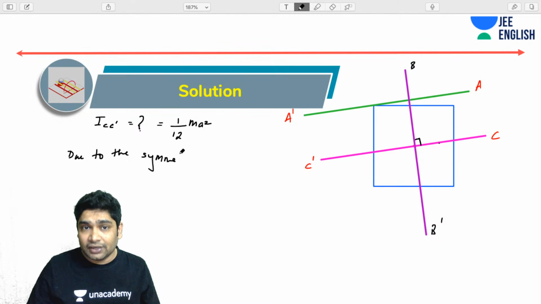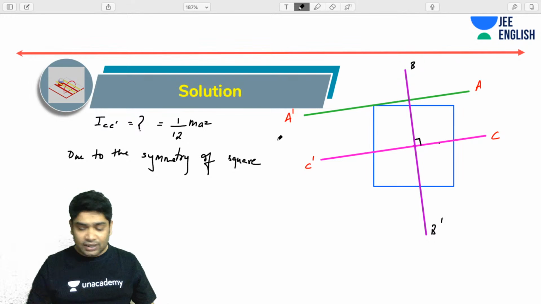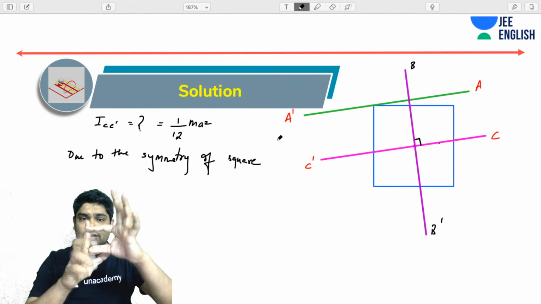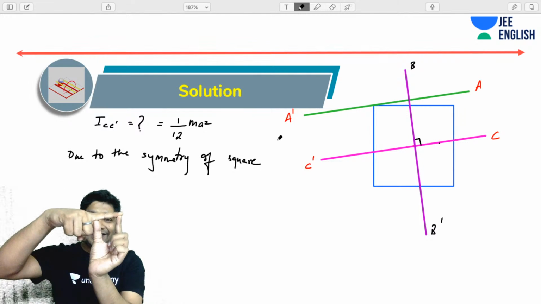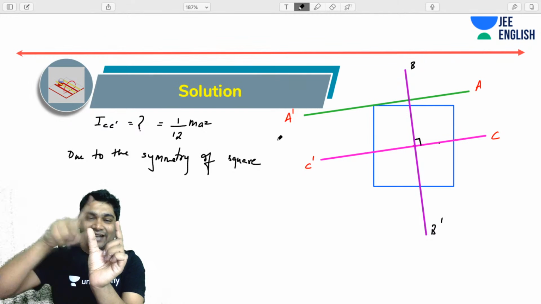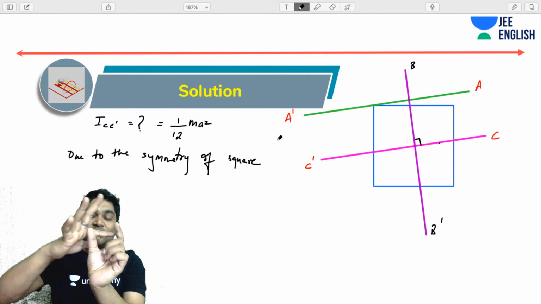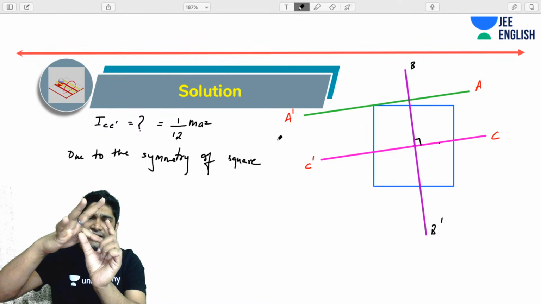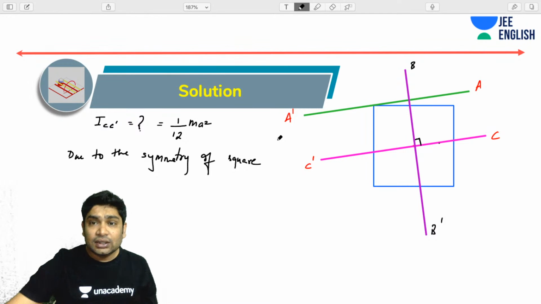due to the symmetry of the square, how am I able to say that? See, it's very simple. If you have a square like this and you turn it by 90 degrees, you realize it is still a square. Everything remains exactly the same. So if any axis was turned by 90 degrees, the mass distribution would have been exactly the same.